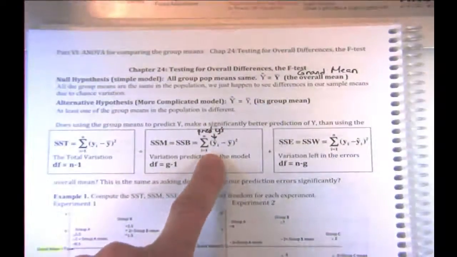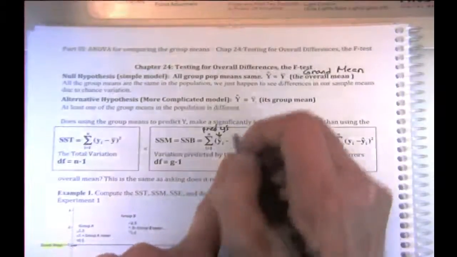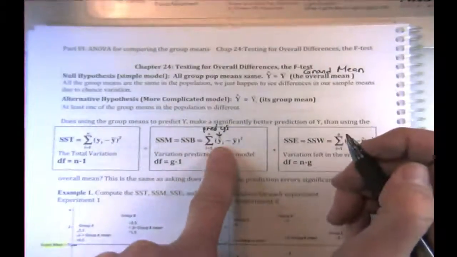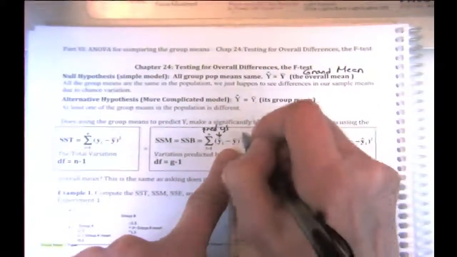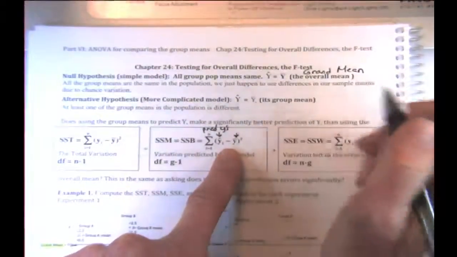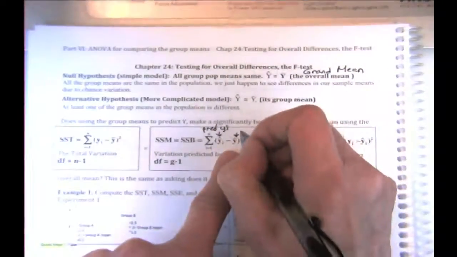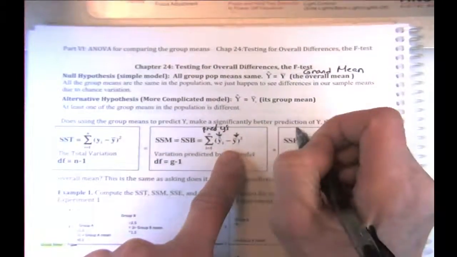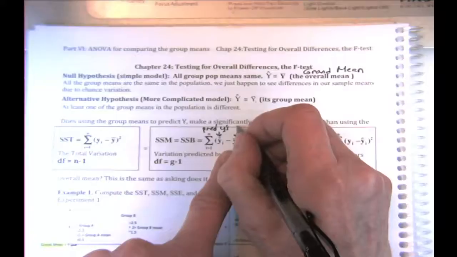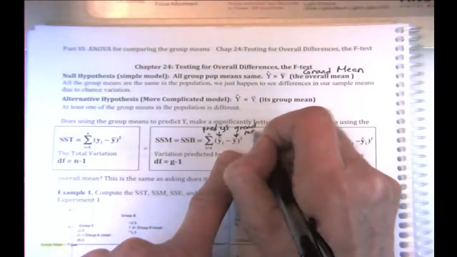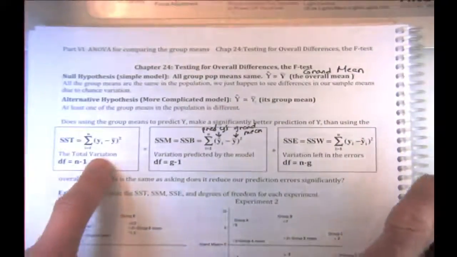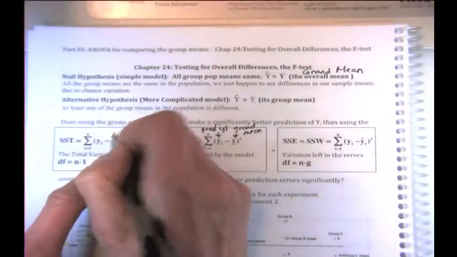And here, we're saying how well our model does the prediction over just using the average. So what's the difference due to our model? So this is our grand mean here. I'll call it the grand mean. That's how you usually see it. Here's our grand mean. That's 0 in our case.